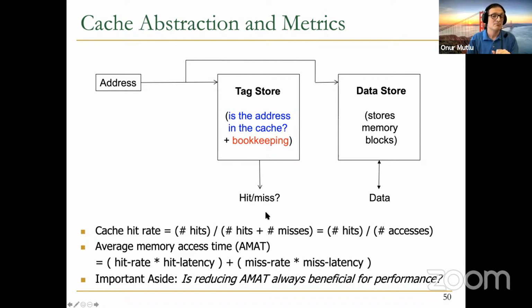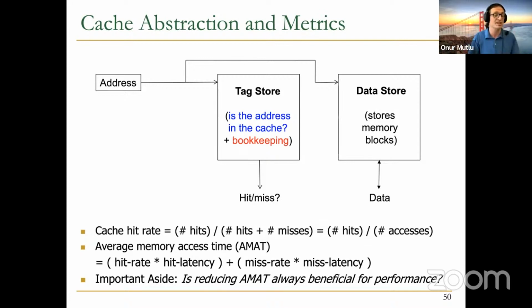And reducing that latency at the expense of reducing parallelism may not be a good idea. Meaning that latency may be overlapped by some other operations that are going on in the memory system. And if you actually reduce the latency but destroy the parallelism in the operations, you may actually have worse performance. So this is just to again tell you that latency is not the only factor that goes into performance, right?